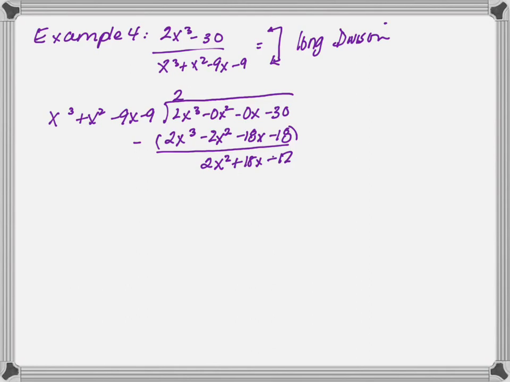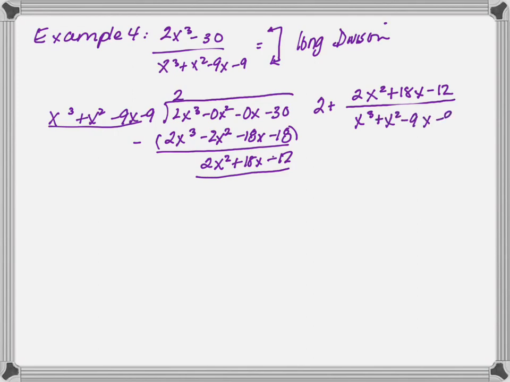Can you keep going? Oh, nope, this is lower degree than x cubed, so you're done. So we'll write that 2 plus 2x squared plus 18x minus 12 over x cubed plus x squared minus 9x minus 9.